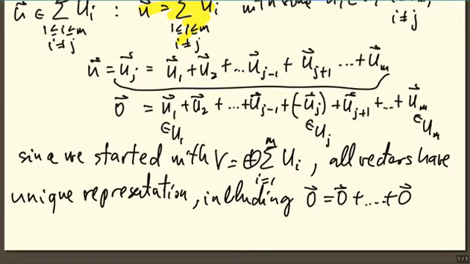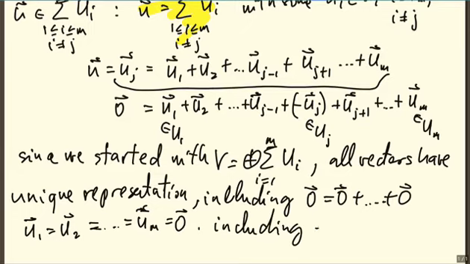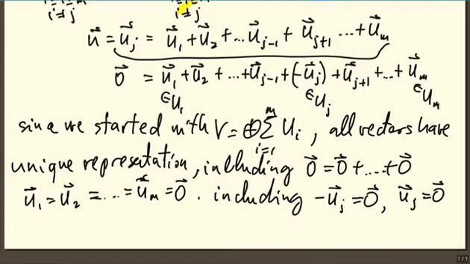But then that means that all these u1s, u2s are zeros, 0 vectors, including minus u_j also. And then if minus u_j is the 0 vector, then we have that u_j is also the 0 vector.